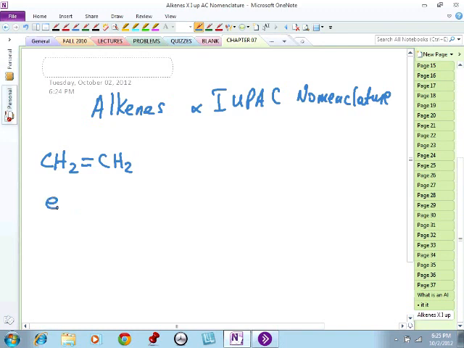For example, we call this ethene. And how do we derive that? It comes from ethane.